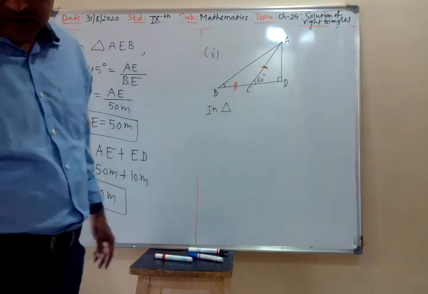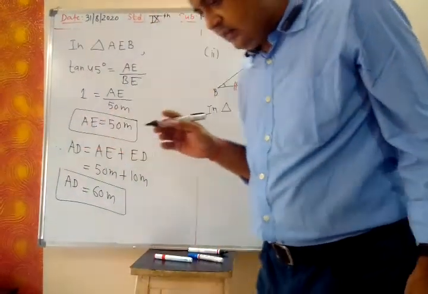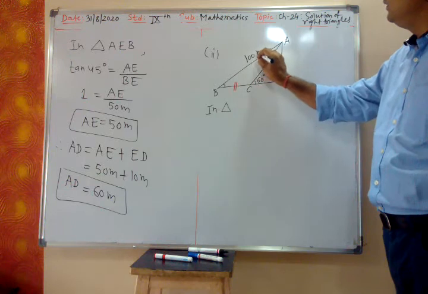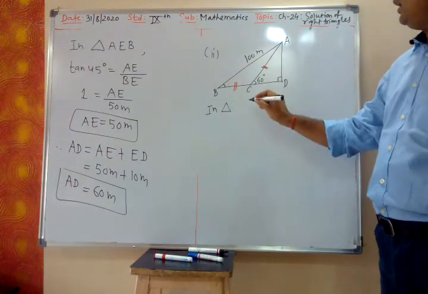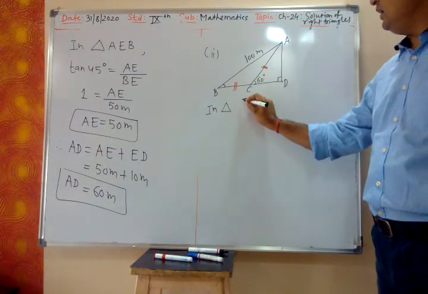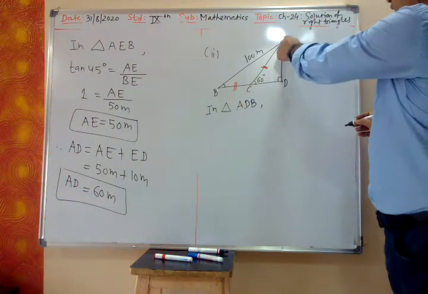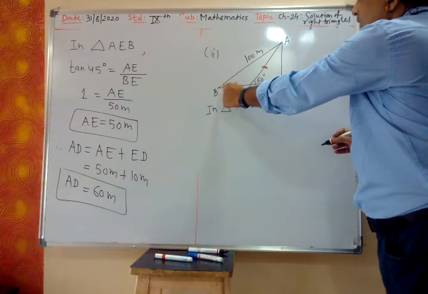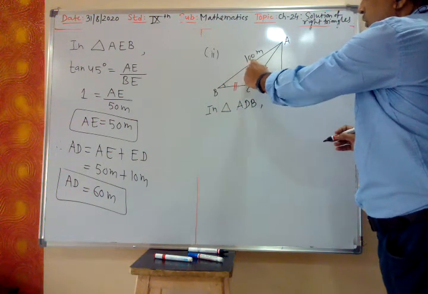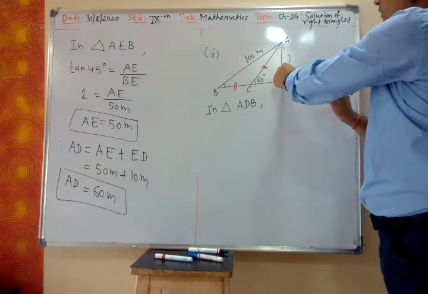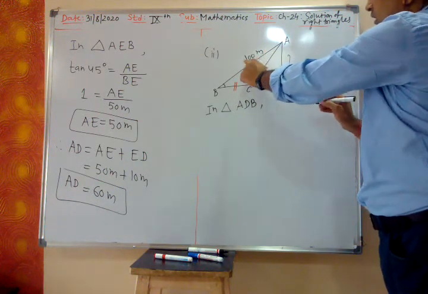Any length is given? Yes. This AB is given, 100 meter. So now in triangle ADB, the bigger triangle, we are given the hypotenuse, and this AD we have to find. So AD is opposite and AB is hypotenuse.